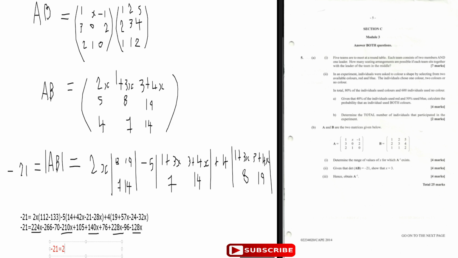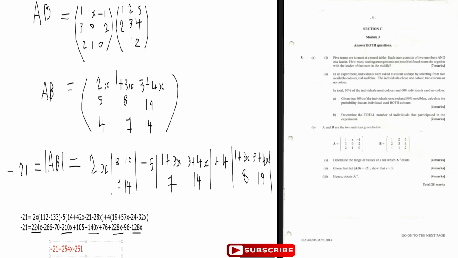That's 254x. Then adding up all the numbers, I have minus 266 minus 70 plus 105 plus 76 minus 96. I get minus 251.